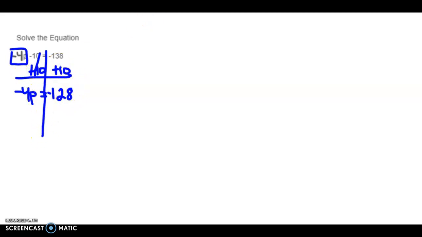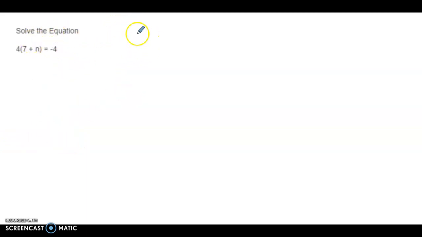And then again, we're not going to add 4 to each side because we're not subtracting. We're actually multiplying. So the opposite of multiplying is to divide each side by -4. And then I'm going to use my calculator. 128 divided by 4. Whoops, I typed it incorrectly. And a negative divided by a negative makes a positive 32.